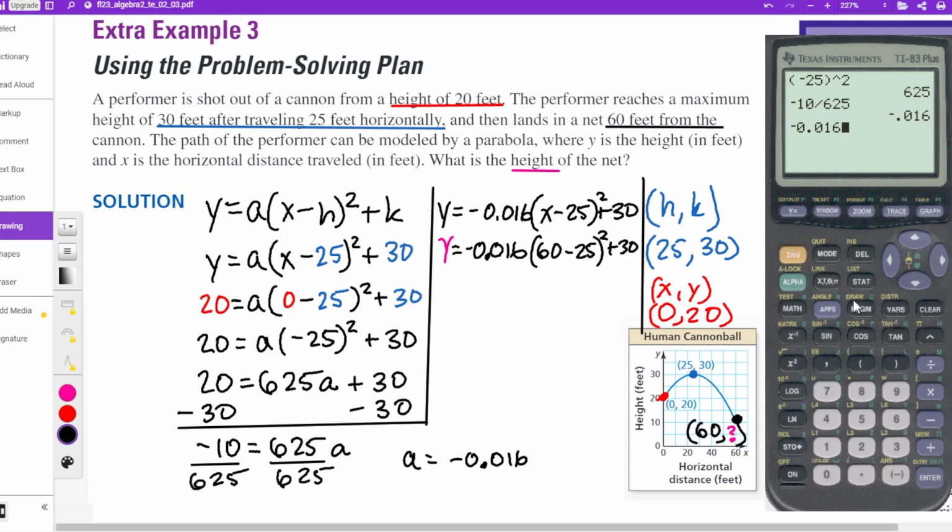And if you're using a TI-83, you can also do second answer, so that'll pull up the answer, and then parentheses 60 minus 25 to the power of 2 plus 30. And that gives us that y coordinate, that height of the net, equals 10.4 feet.